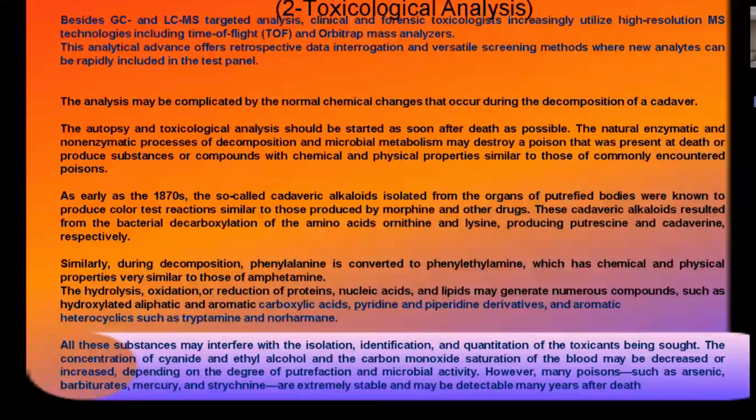As early as 1870, cadaveric alkaloids were being isolated from the organs of putrefied bodies, and they produced some color test reactions like those produced by morphine and other drugs. They were able to know that from bacterial decarboxylation of amino acids like ornithine and lysine, putrescine and cadaverine are produced. So if putrescine and cadaverine are present, we are able to understand that bacterial decarboxylation occurred.